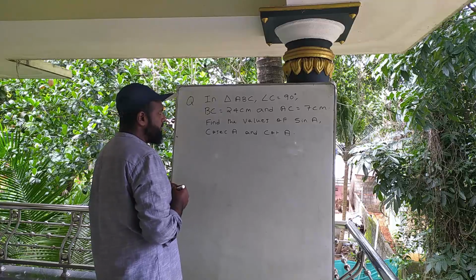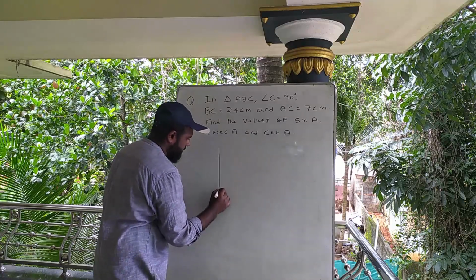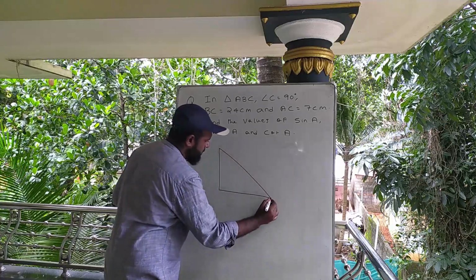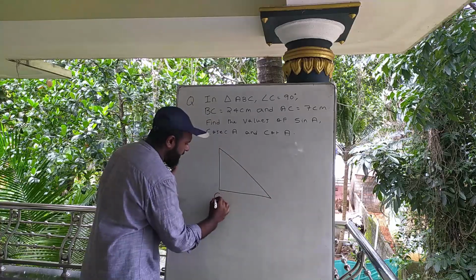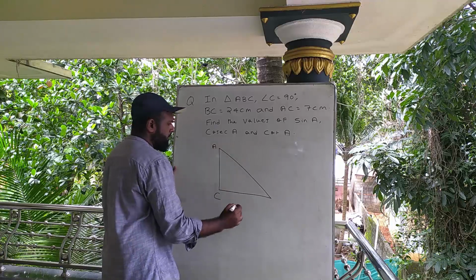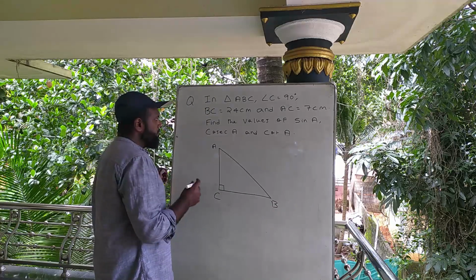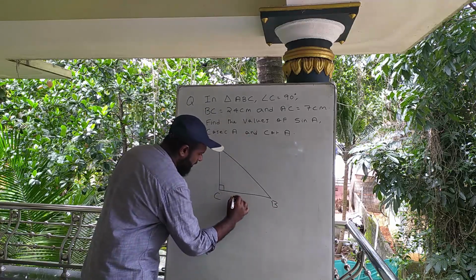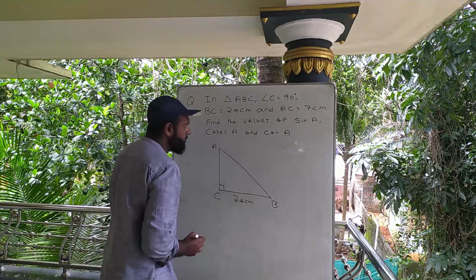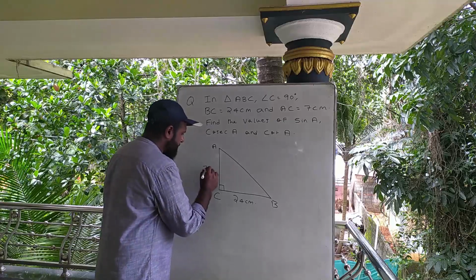It is said that angle C equal to 90 degree. A and B. It is said that BC equal to 24 centimeter and AC equal to 7 centimeter.